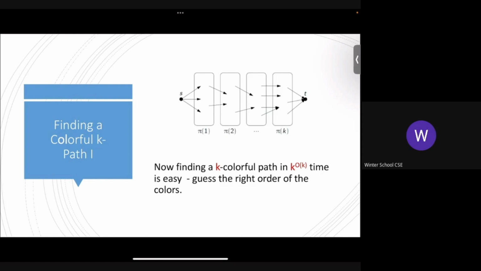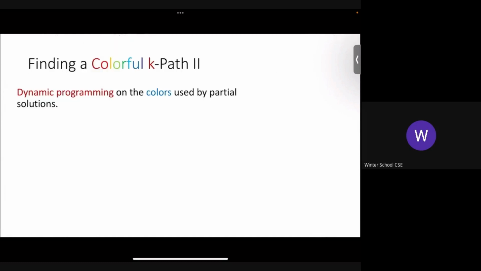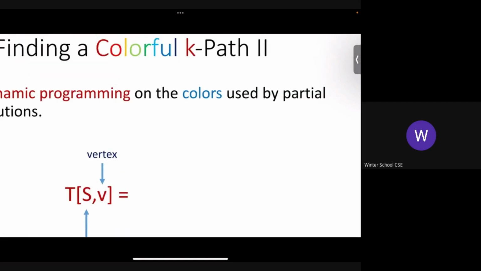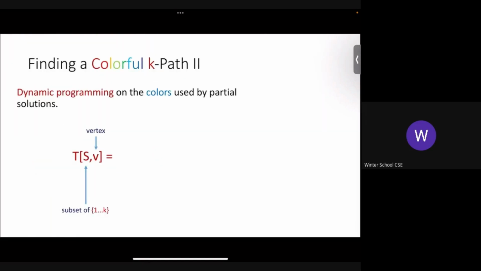This is already an FPT algorithm, but I can be a little bit smarter, and I can do dynamic programming on the number of colors to find the shortest path faster. For my dynamic programming, I'm keeping the value T S of V. V is a vertex of the graph, and S is a subset of colors.